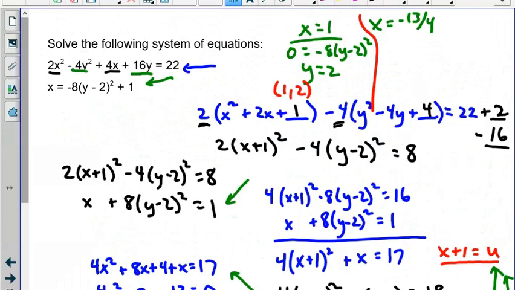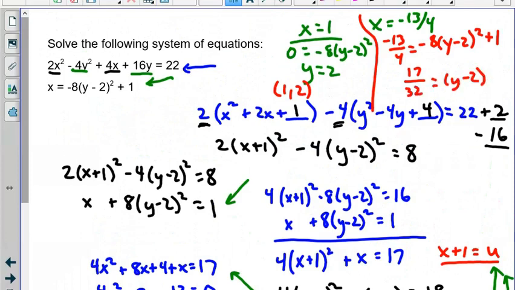Now if I take negative 13 fourths and plug it back in, well, this is a little bit nastier. Negative 13 fourths equals negative 8 times y minus 2 squared plus 1. If I subtract the 1, that's going to be negative 17 fourths. And I divide by negative 8, I get positive 17 over 32. I would have to square root both sides. And in the interest of time, I'm not going to finally solve for y.